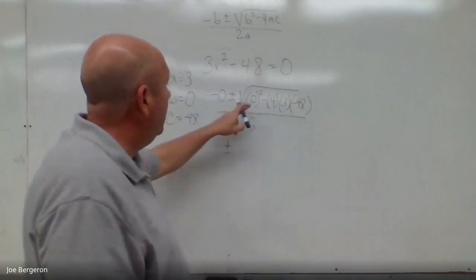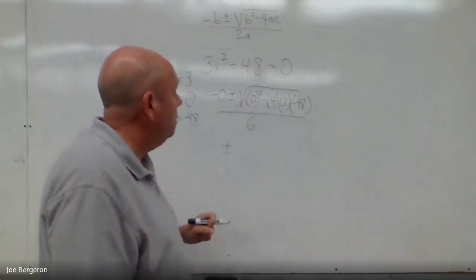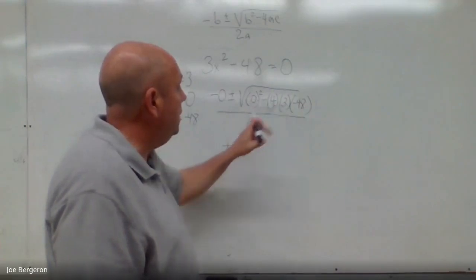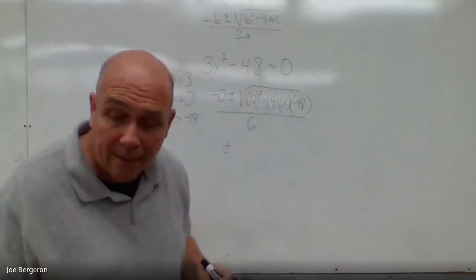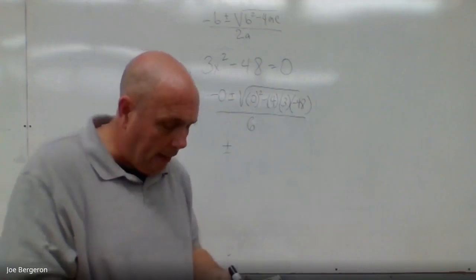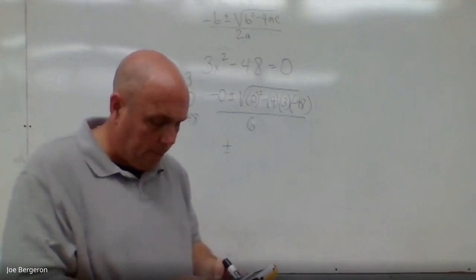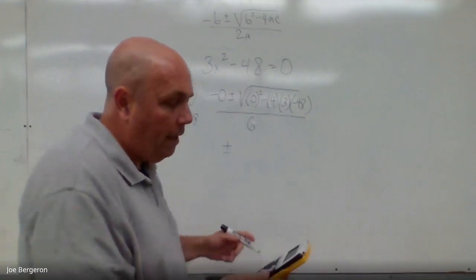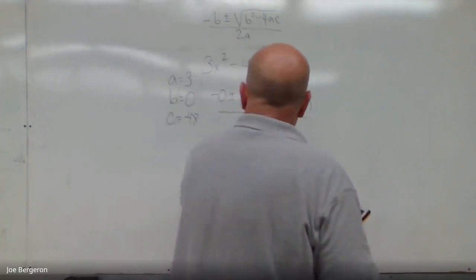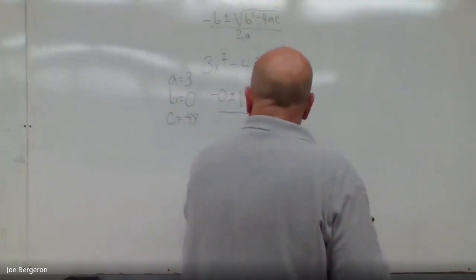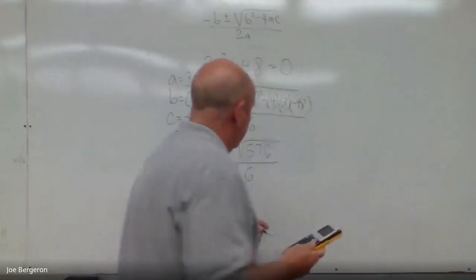So what have we got here? 0 squared is 0. Negative 4 times 3 is negative 12. Negative 12 times negative 48. Forgive me. Negative 12 times negative 48 is 576. All right, divided by 6.